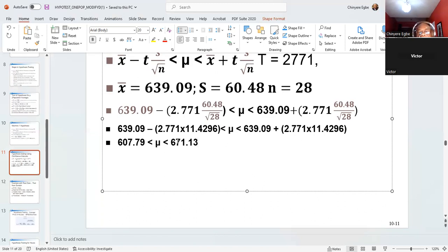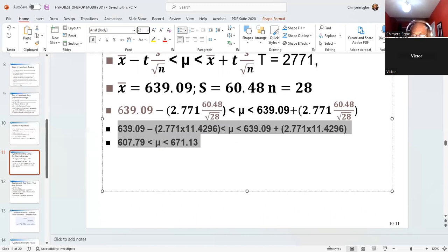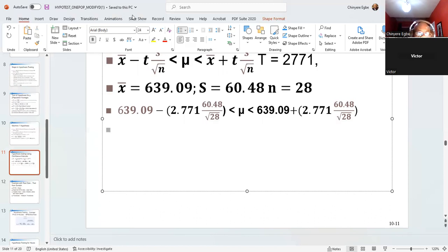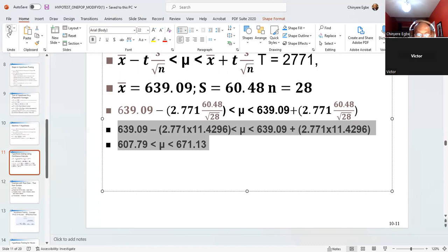Very good. Now, how could you do a test of hypothesis using this? How could you use this to do a test of hypothesis?